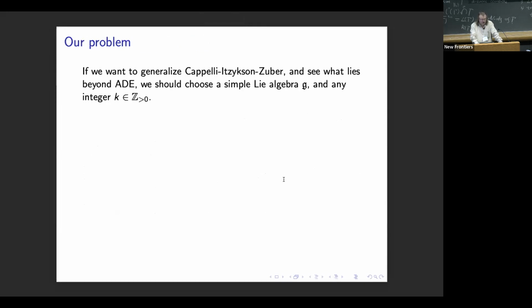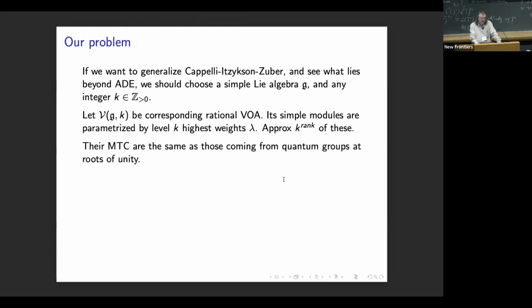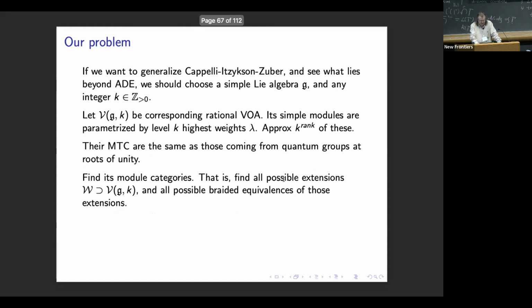Okay. And so if we want to generalize Cappelli-Itzykson-Zuber and see what goes beyond ADE, what we have to do is choose a Lie algebra and a level, and we get our corresponding VOA, or our corresponding category. We have lots of these, and we've already talked about this. So we want to do the module categories for this.